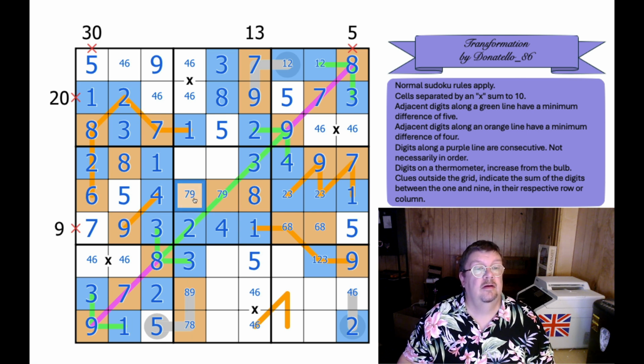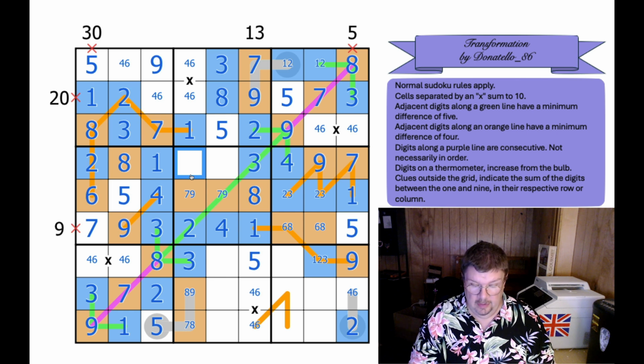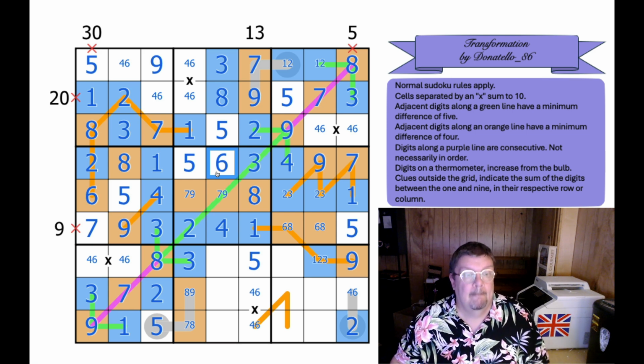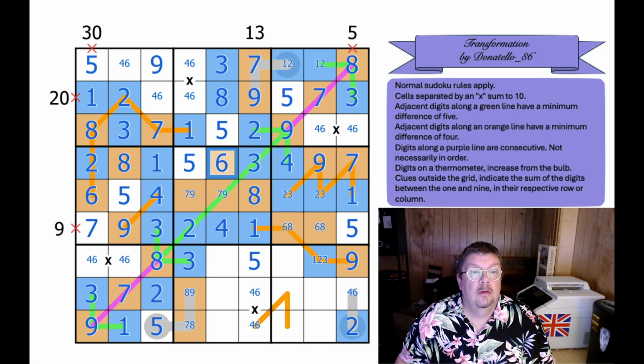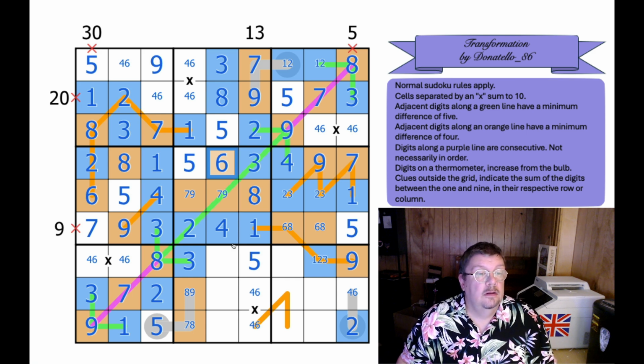That gives me a 7, 8, 9 triple. So that is a 5. And this must be a 6. Alright. Another one of those is an 8.